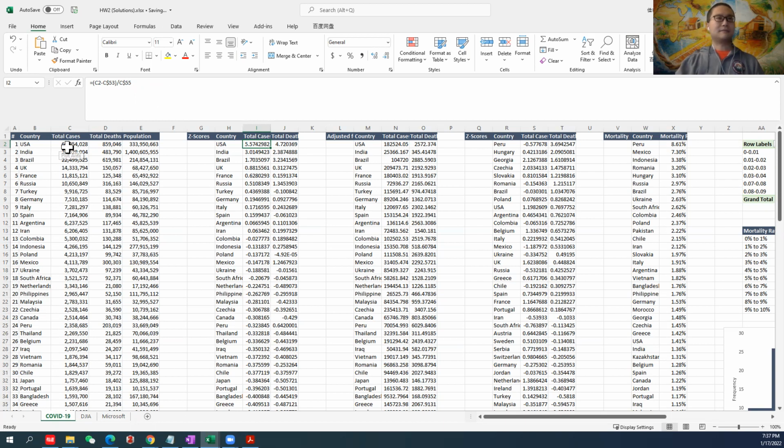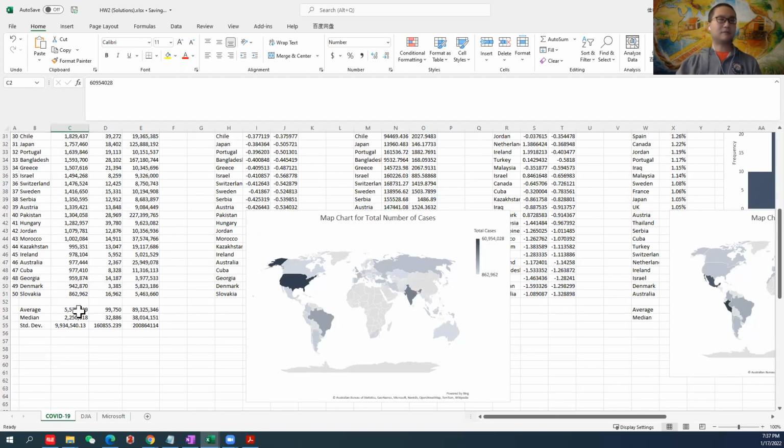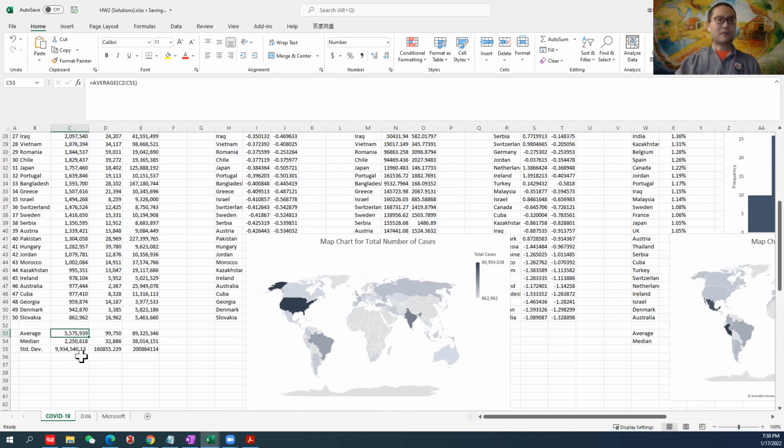If we wanted to understand more intuitively, we can compare these numbers. For the US, it's about 61 million, right? And the average case is about 5.5 million. And the standard deviation is about 10 million. So compared to an average country that has about 5.5 million cases, the USA is much higher.